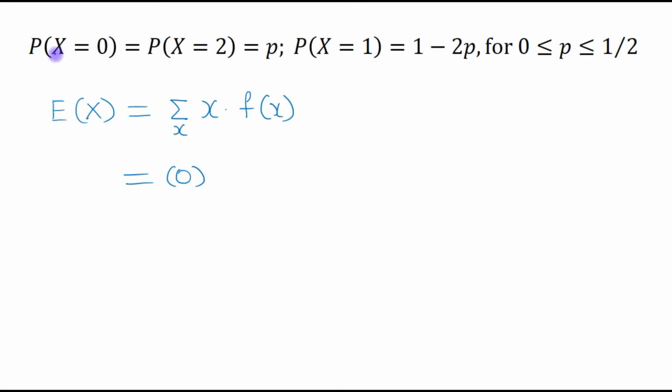So it can be calculated as 0 times probability that x equals 0, plus, when x is 1, probability that x equals 1 is 1 minus 2p. So we will write 1 minus 2p, plus, and when x equals 2, its probability is p.